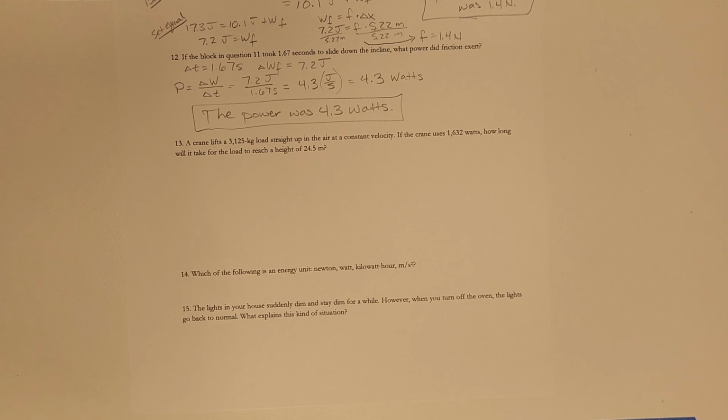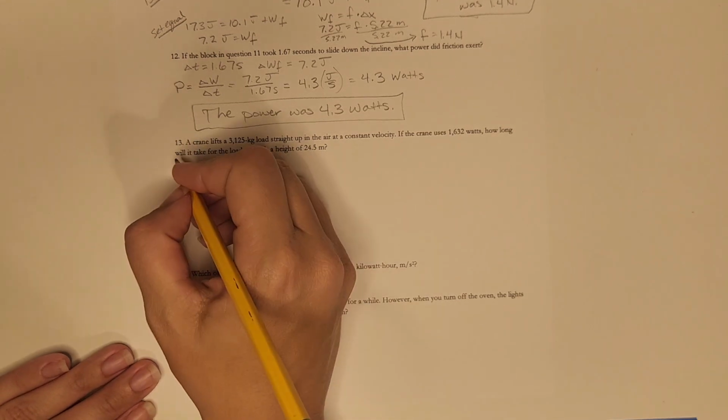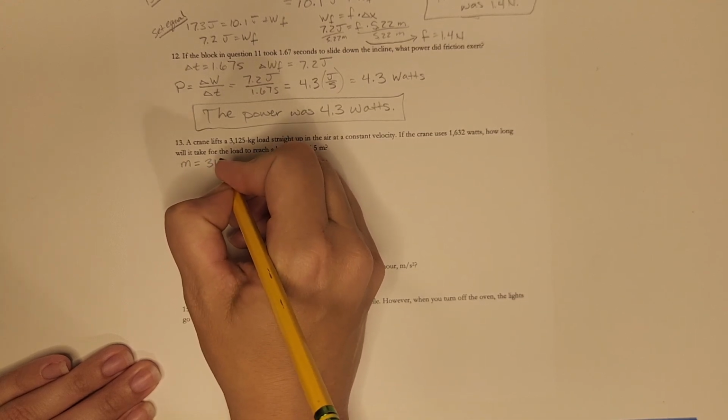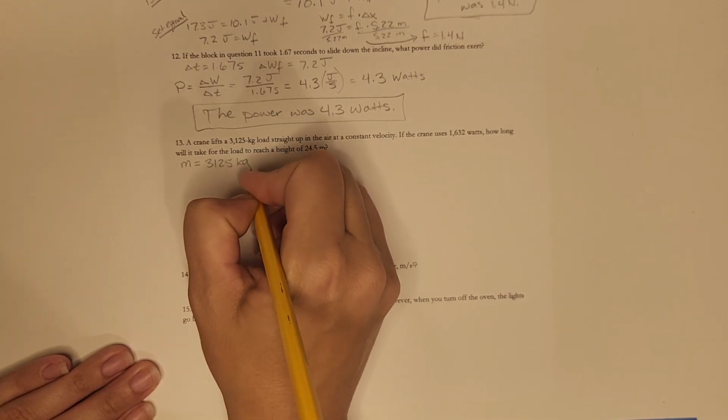For question 13, a crane lifts a 3,125 kilogram load straight up in the air at a constant velocity. If the crane uses 1,632 watts, how long will it take for the load to reach a height of 24.5 meters? So our givens here is mass, 3,125 kilograms.